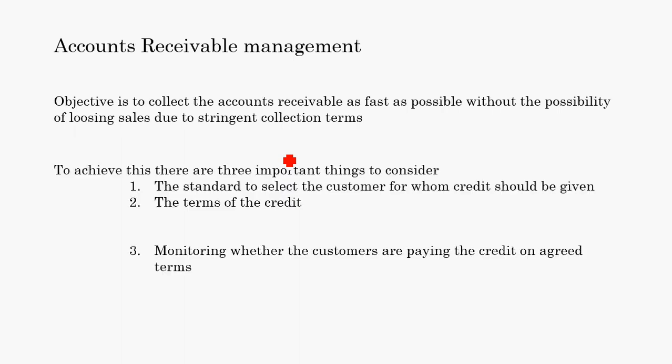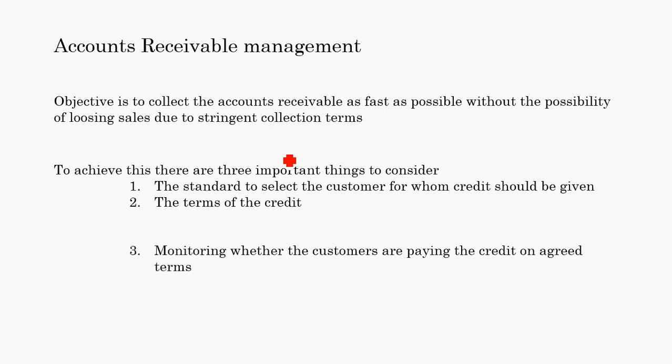To achieve this there are three important things to consider. First important thing is selecting the correct customer to whom you can give credit. To select the customers, a company can have different criteria. It may look at the past history of the customer.